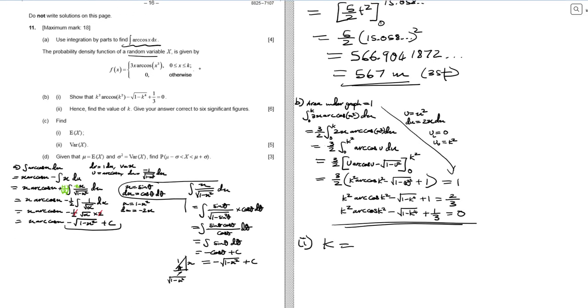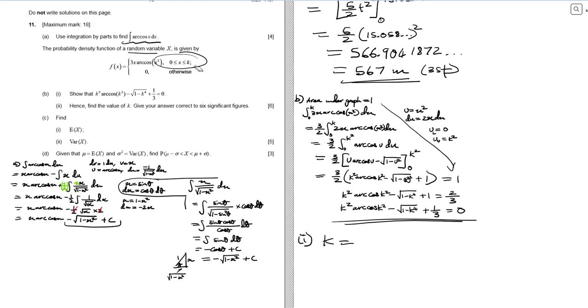Does it say k has to be positive, right? It's greater than 0. k greater than 0, therefore k is equal to 0.713249, right? And we give that to 3 SF. Oh, six significant figures.